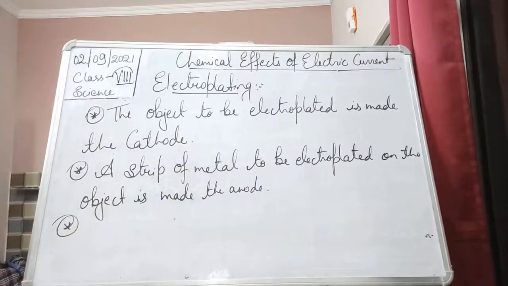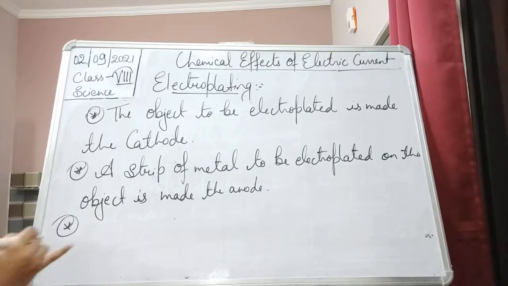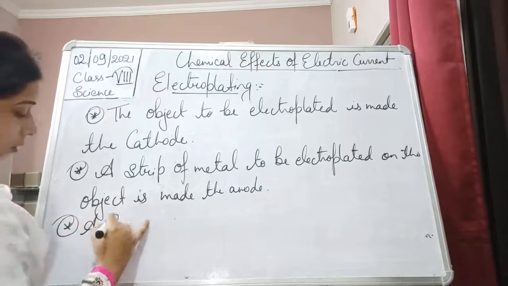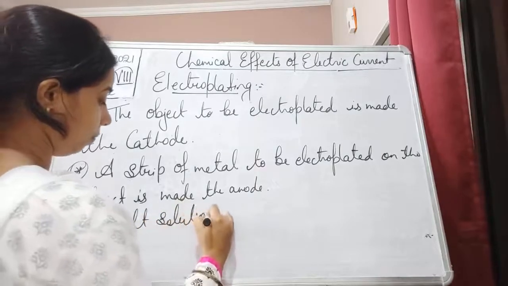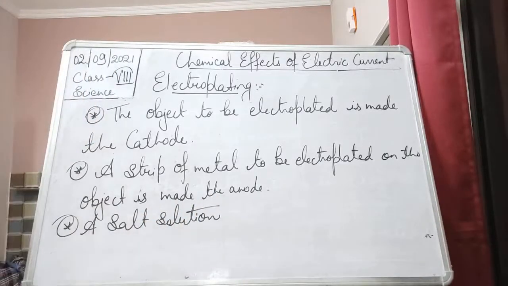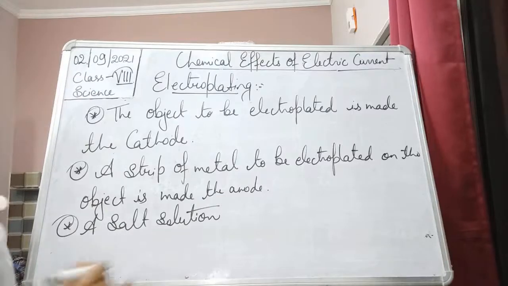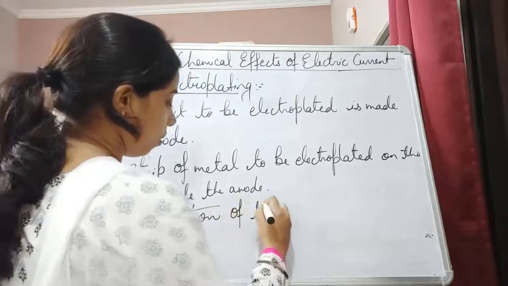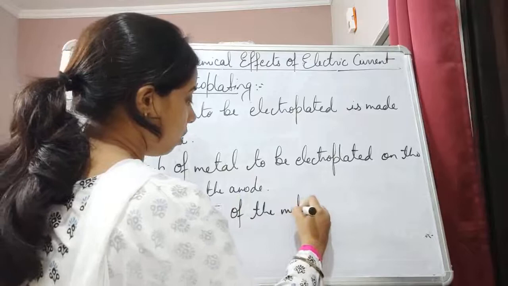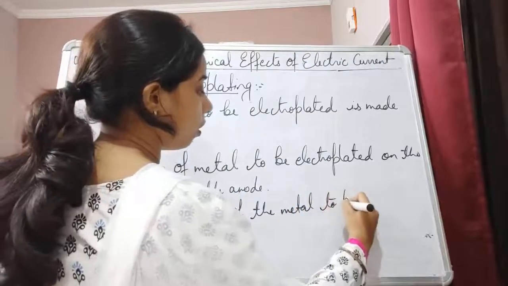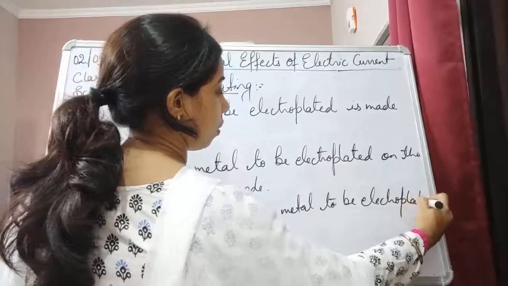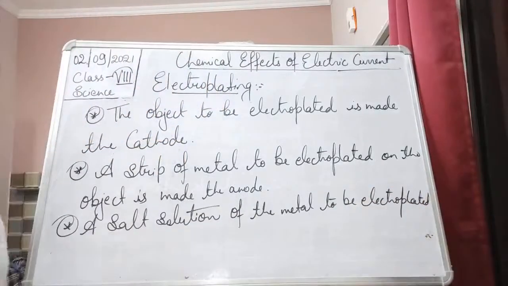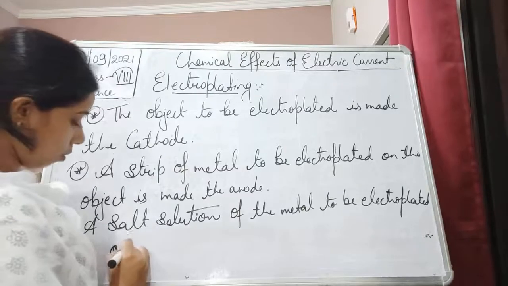and a salt solution of the metal to be electroplated on the object is taken as an electrolyte.